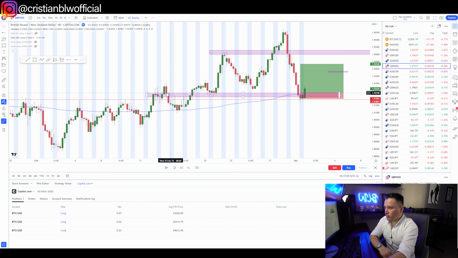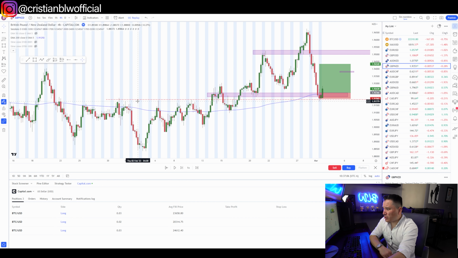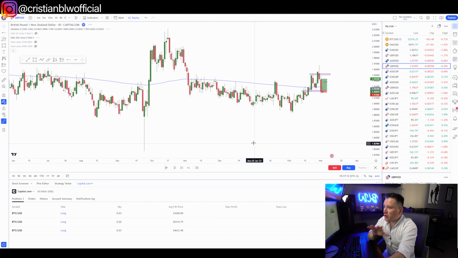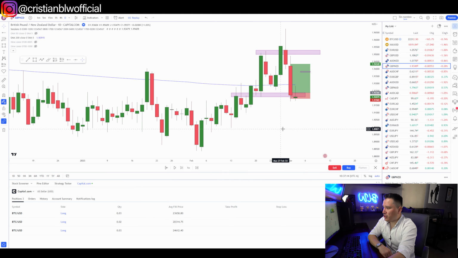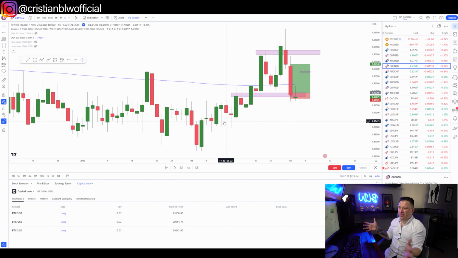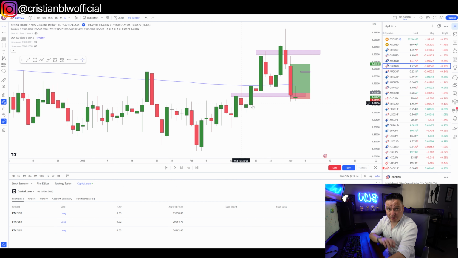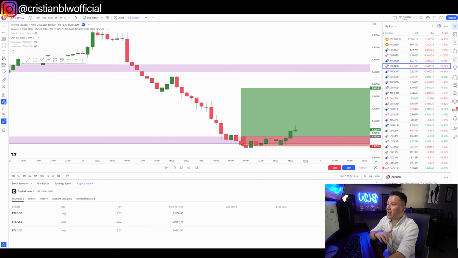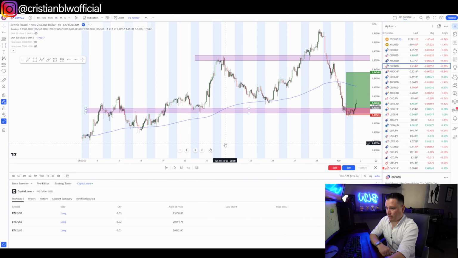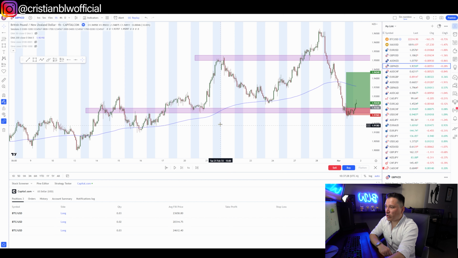What did I do wrong in this specific trade? It's very simple. You see, I even drew this new support line in this section. I'm going to delete it so you don't get confused. If you go into a higher time frame, you're going to realize that everything is messed up, so it's kind of hard to understand where I went wrong. I didn't even see a support resistance level here. Everything looks crazy. But if you go into a lower time frame, there's something you're always going to find.